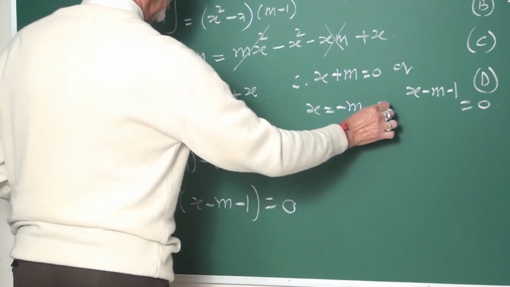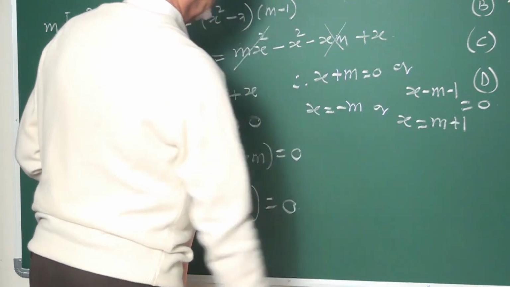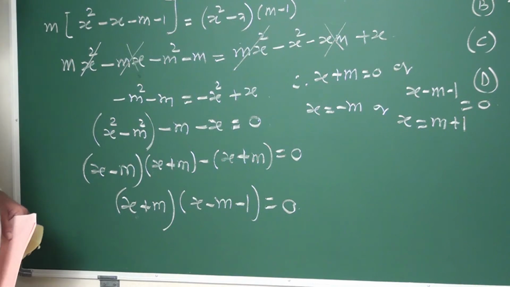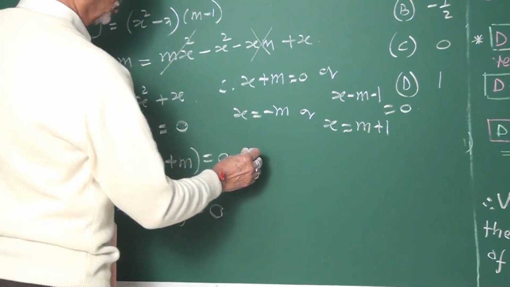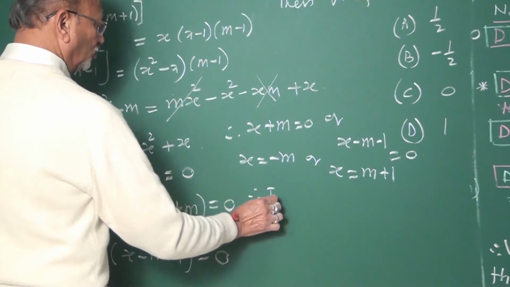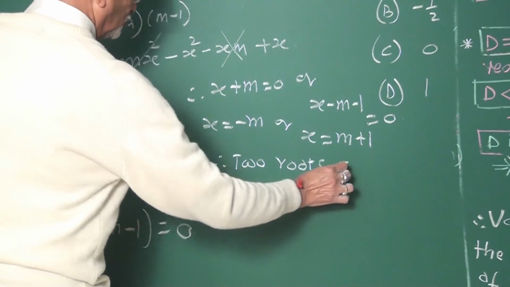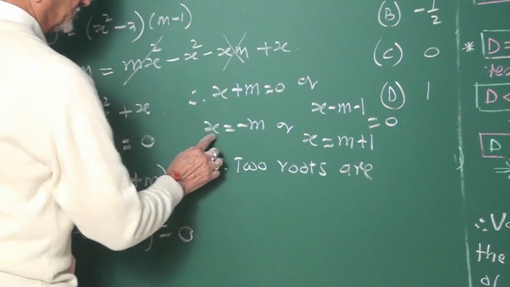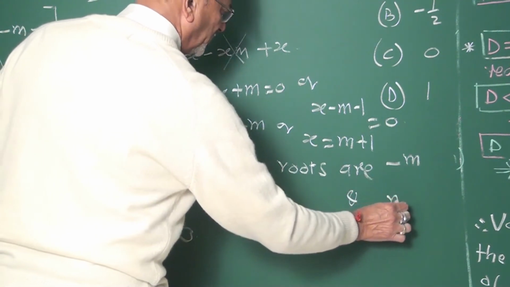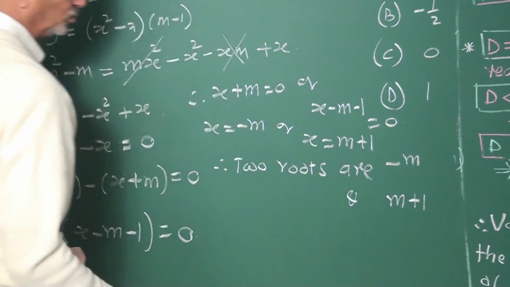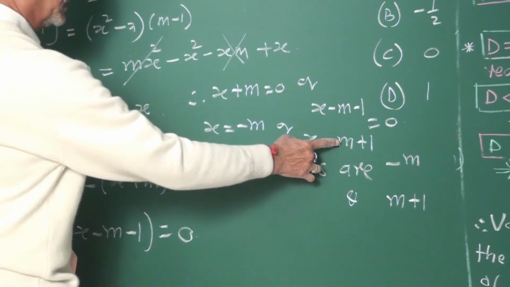Minus m, or x equal to m plus 1. But what is given? Roots are equal. These are the two roots. Two roots are, first is minus m, another is m plus 1.